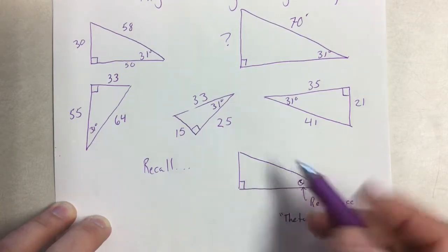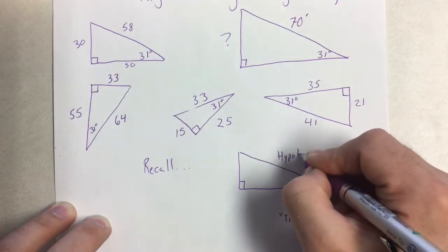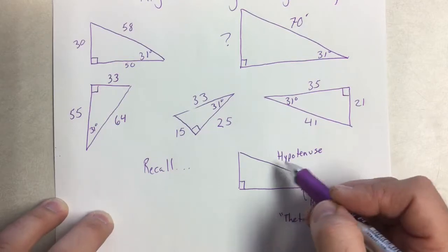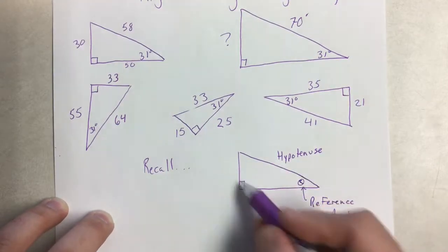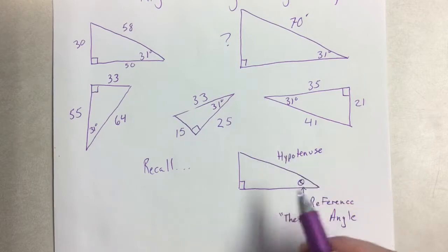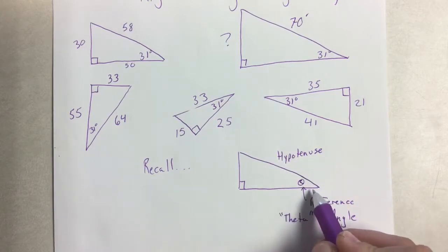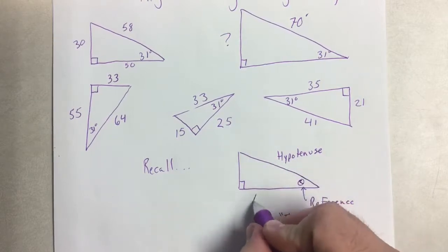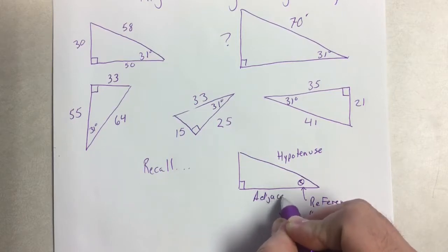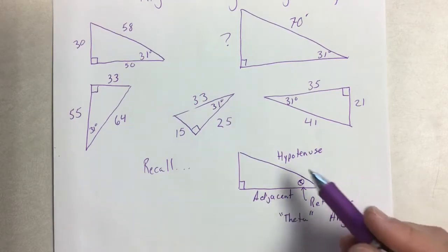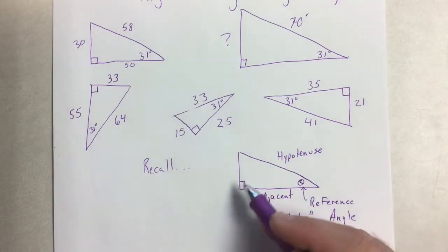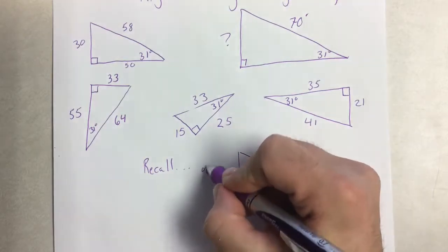So we know the hypotenuse is the side across from the right angle. The hypotenuse and another leg will form your reference angle. So this reference angle is formed by the hypotenuse and the side we call the adjacent. The adjacent and the hypotenuse will always form our reference angle. And the one that remains, we're going to call the opposite.